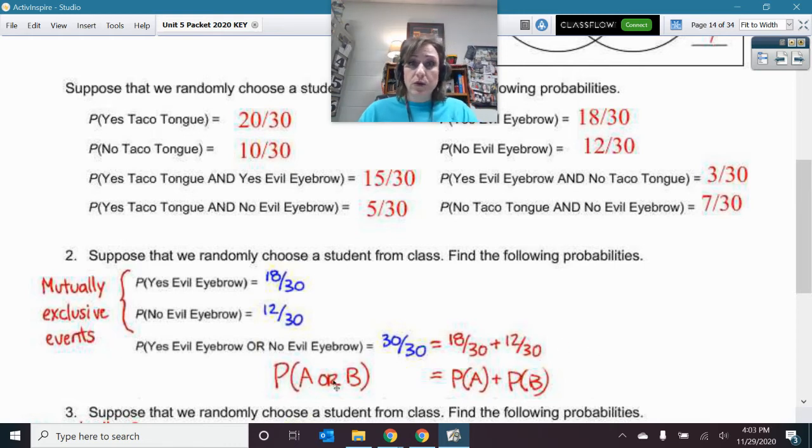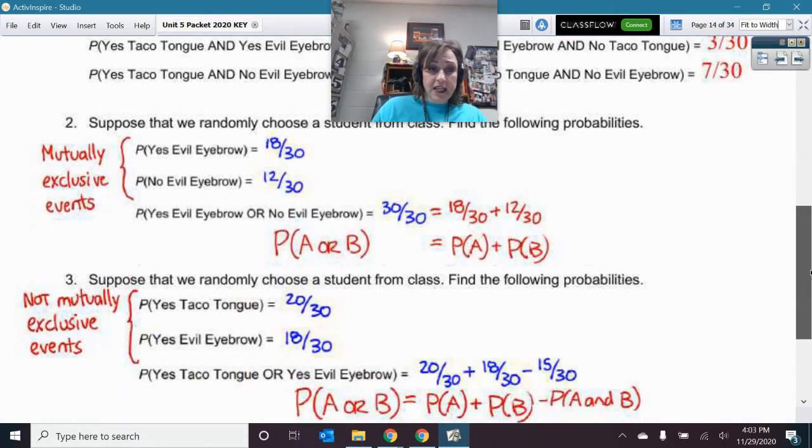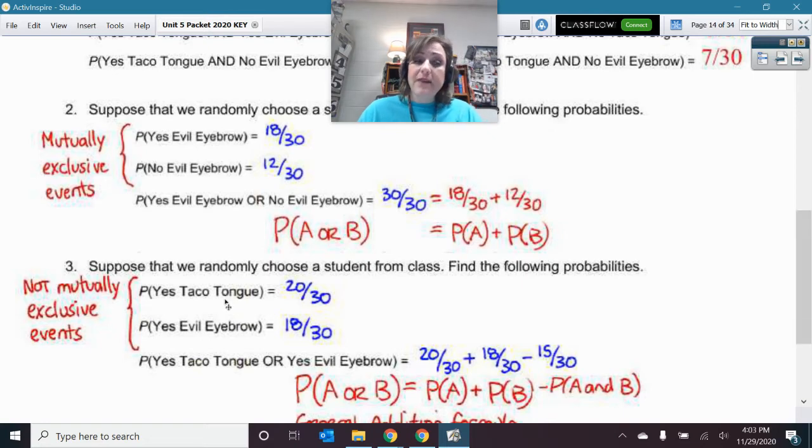So you can do this or you can do that, and you can't do both, evil eyebrow or not. But look here, if I mixed them, where I said yes, you can taco tongue, and yes, you can evil eyebrow, well, those 2 circles overlap. Those are joint, so they are not mutually exclusive from each other.